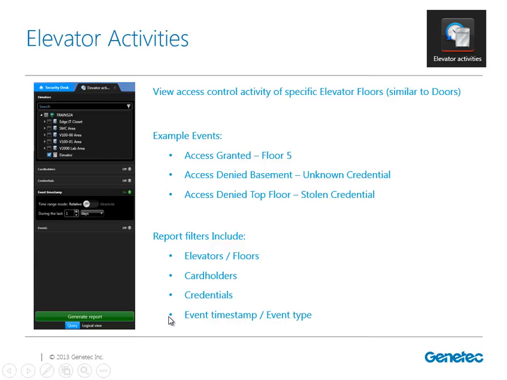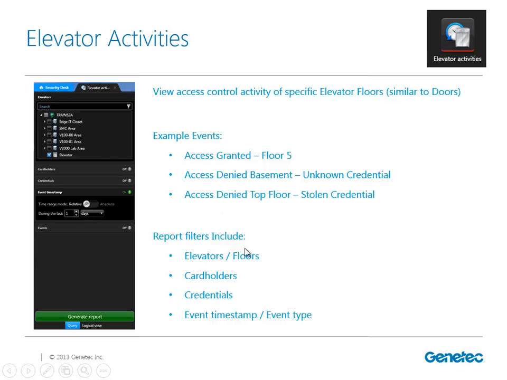I do not have an elevator in my system, but we follow the same concept. Once we open the elevator activity task, we can run different reports on the elevators that we have on our system. Look for events for access granted. For example, if we have a building of 10 floors, we can use floor number 5 to see who was given access to this floor, or who had access denied, for example, to the basement.